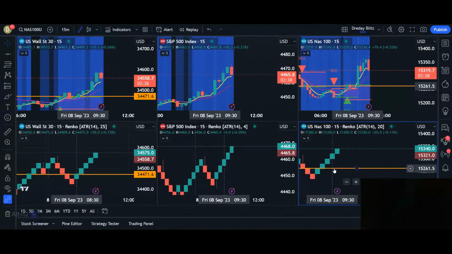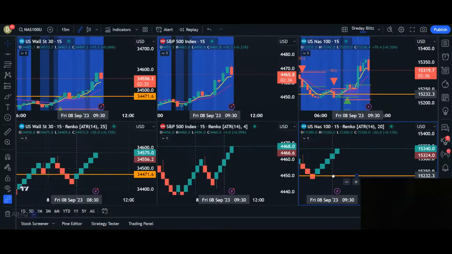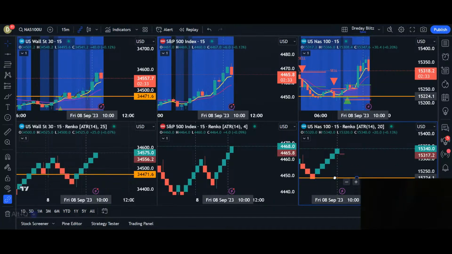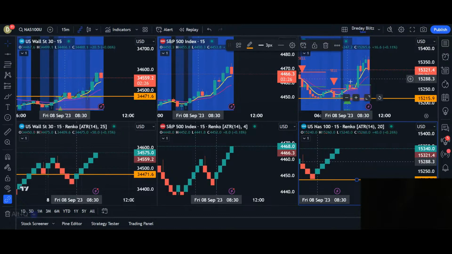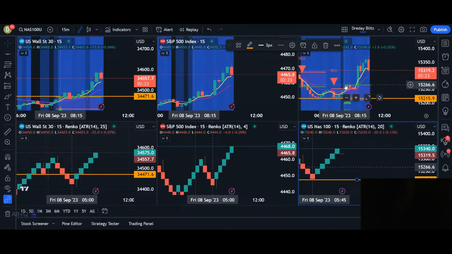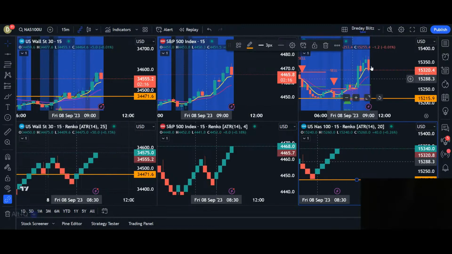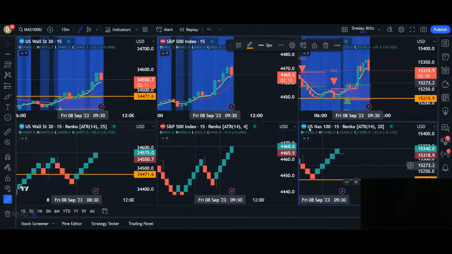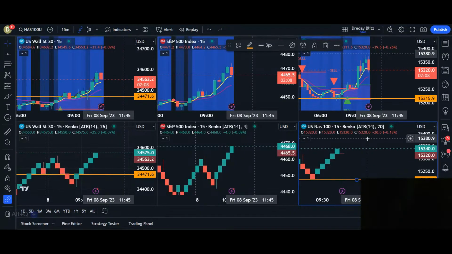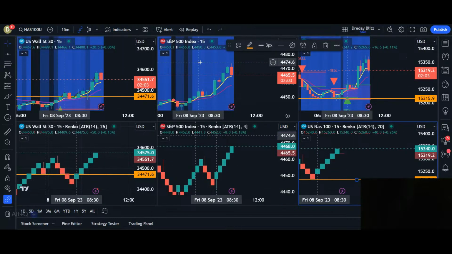Your stop loss was around here, and you took the trade on that candle here at 8:15, if that was the case, or you started it at 9:30. So you are already in a good profit here. So you could decide to close it out or to keep it running. That's really your own decision.